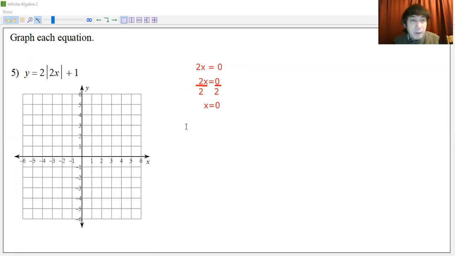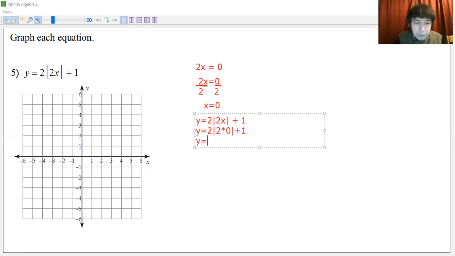Next we'll find the y value using the given equation. Y is equal to 2 times the absolute value of 2x plus 1. Using now our x, which is 0, we have something like 2 times 0 inside the vertical bars plus 1. And so this continues like 2 times 0 plus 1.